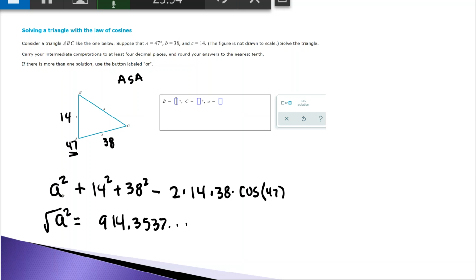So I'll square root both sides, and of course we only need the positive square root. And that gives me 30.238.